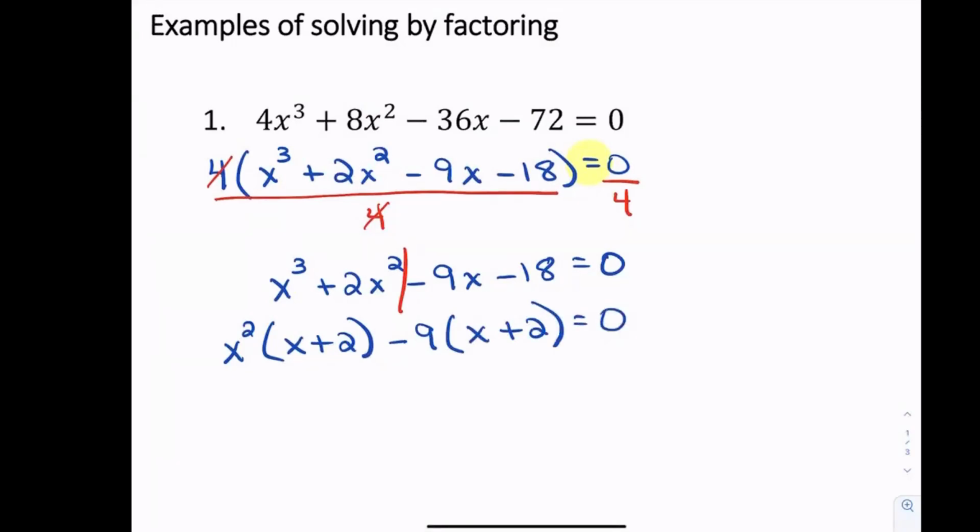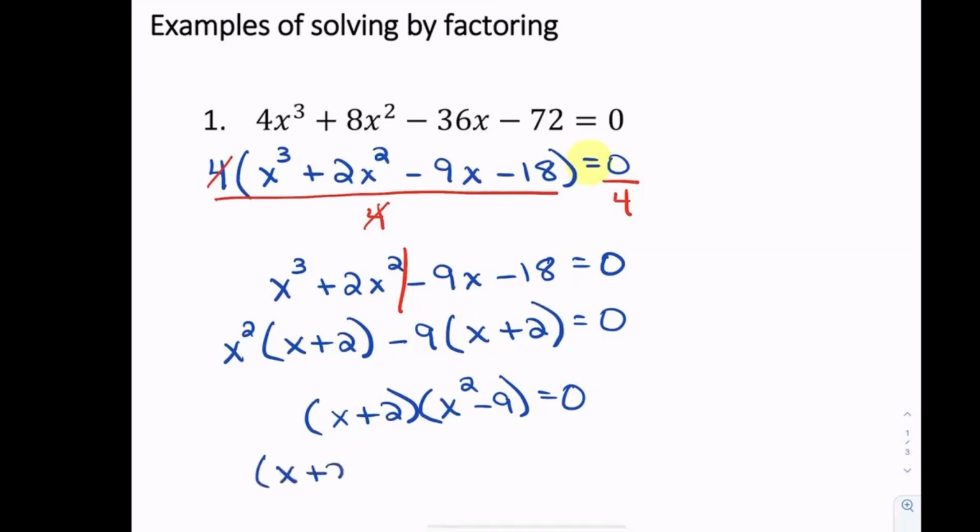When we factor out the common x plus 2, we're left with x plus 2 times x squared minus 9 equals 0. But x squared minus 9 can be factored further since it's a difference of 2 squares. So we get (x plus 2)(x plus 3)(x minus 3).